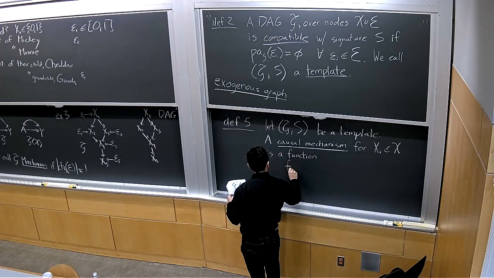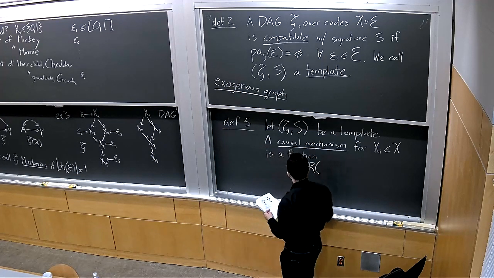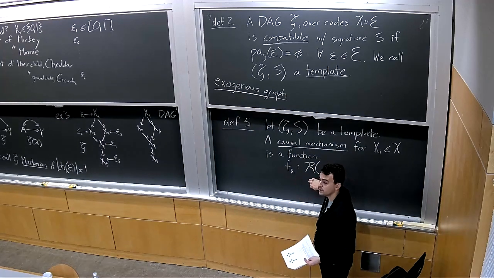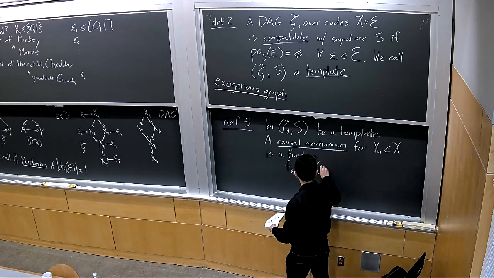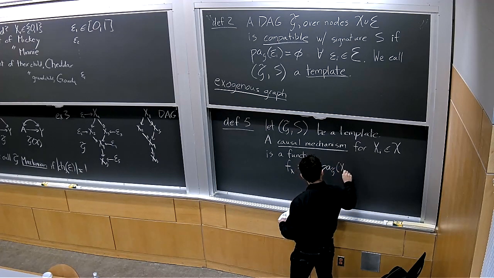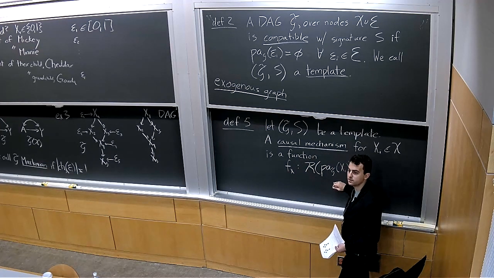It's going to be f sub xi, a function that takes as input some realization, some value in the range of the parent set. So that's where that extension to sets of this notation helps us out.